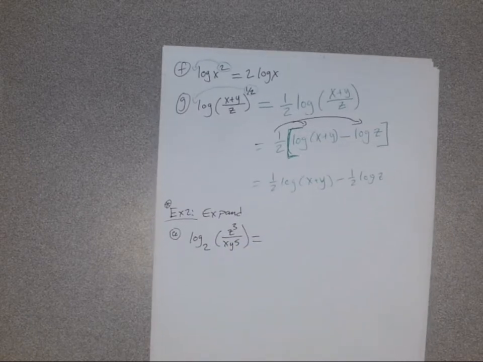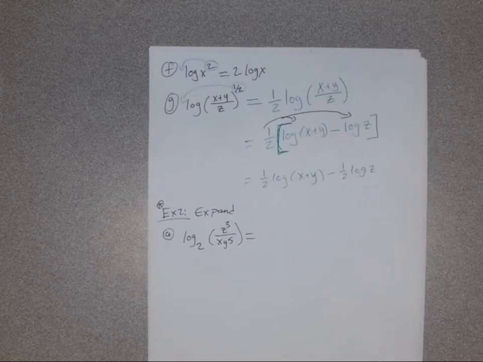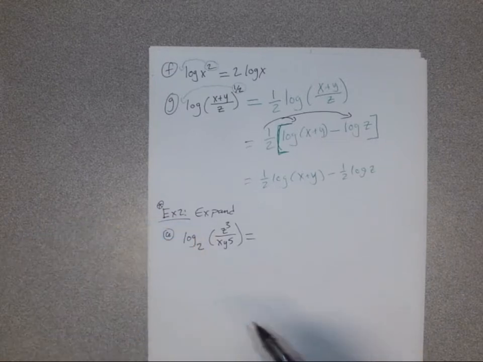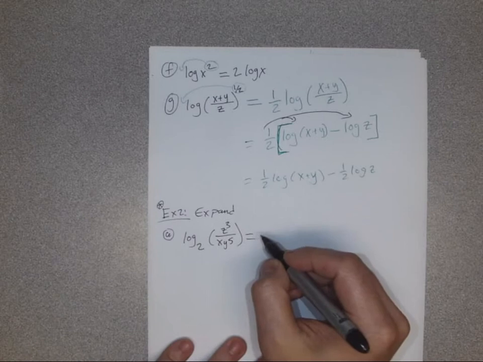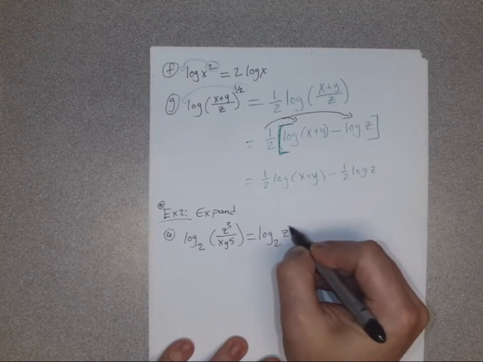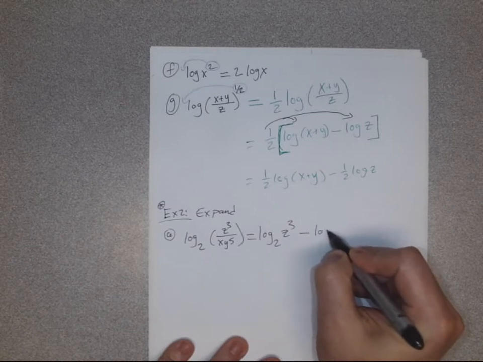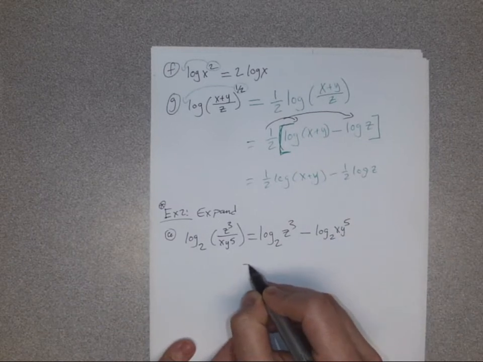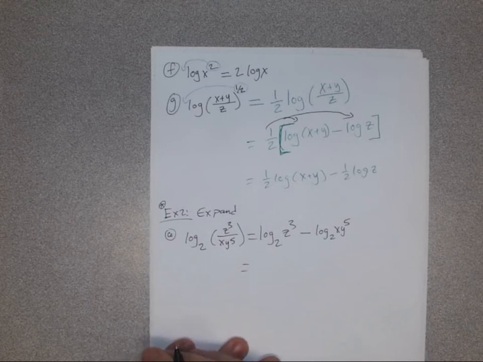All right, you pause the video and try it yourself. So first thing I notice is I'm dividing these two things. So let's go ahead and break them apart. Log base 2 of z cubed minus the bottom. Now what can we do?